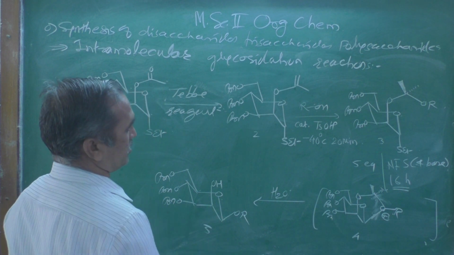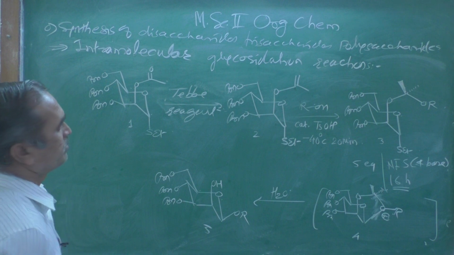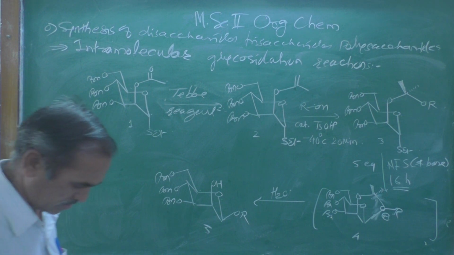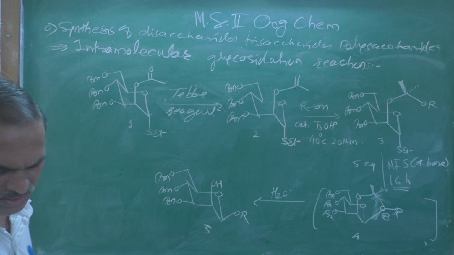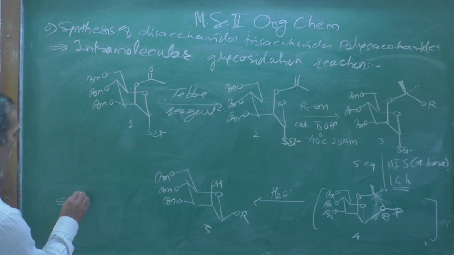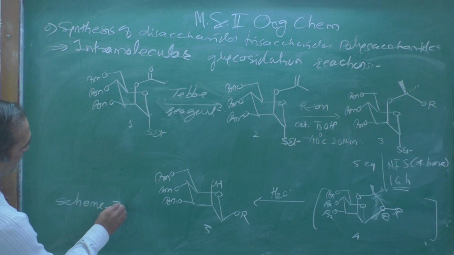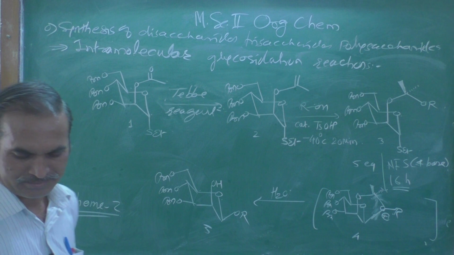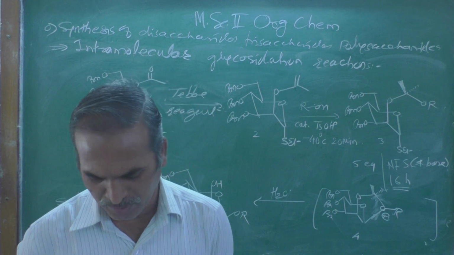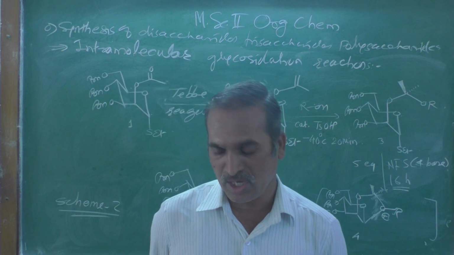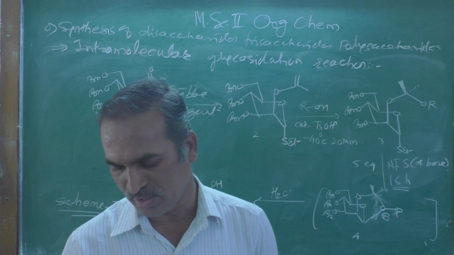This will be structure number 5. If you see this scheme carefully, that is scheme number 2 represented here. It is isopropylidene-tethered glycosidation that is shown here.